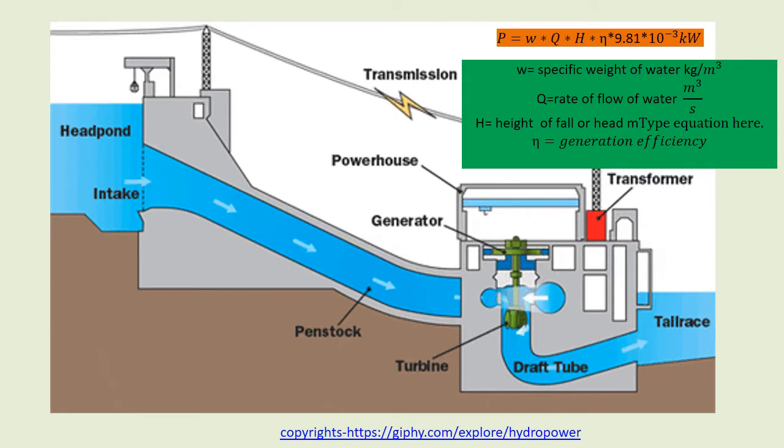Basically W and your efficiency, these two terms remain constant. But the variables we have are Q, that is your rate of flow, and the height of the fall, or head. So these two things are the major important things that classify your turbines.